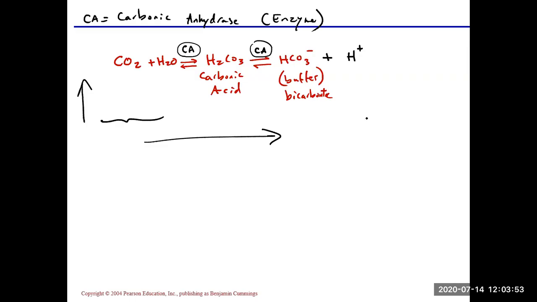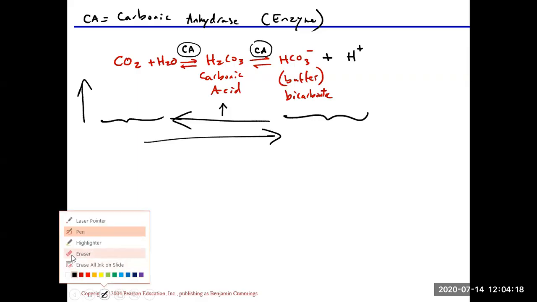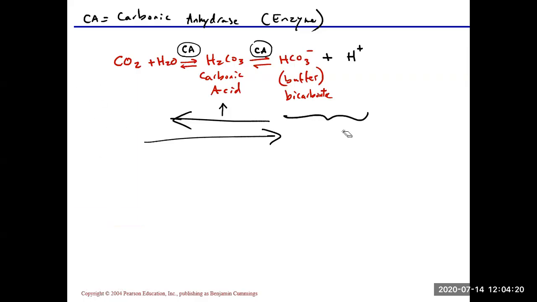So if we have more of this part right over here, then the reaction can go the other way. It really depends on which way we're going, and it gives you an idea. However, if we introduce just one carbonic acid in this equation, let's say you don't have too much carbon dioxide and you don't have too much bicarbonate, it's just like that.